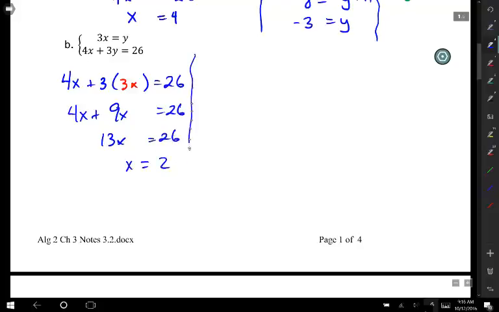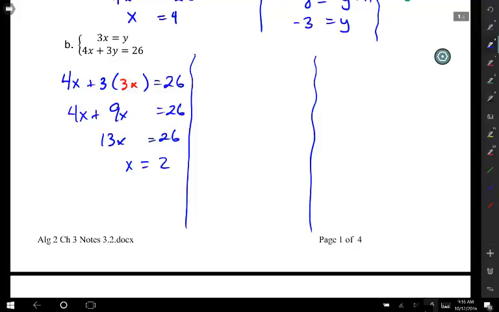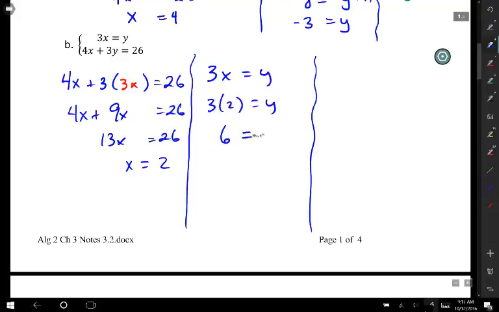2. Squiggle, leaving room for the check. All right. Which is the easiest one to plug it into? Obviously the first one. So 3 times 2. So it looks like y equals 6. If I solve using the first equation, I must check using which equation?